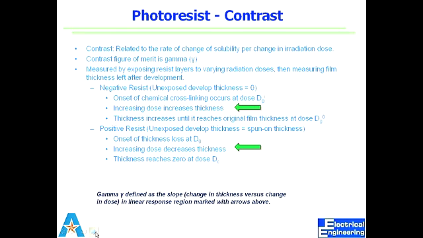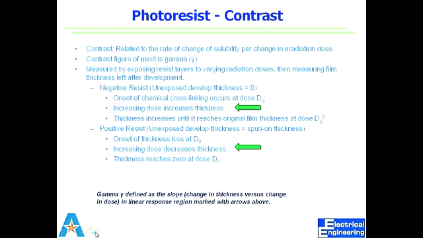So the liquid or resist material that we use, we call them polymers because they ultimately result into long chains of molecules. So cross-linking is what would start from the top and continue till it gets to the wafer. So in case of negative resist, this thickness increases as the dose increases, right?